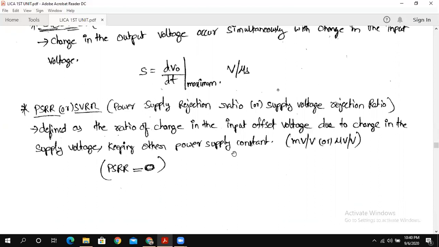If the supply voltage changes, there will be a change in the offset voltage. So for an ideal op amp, this must be 0.